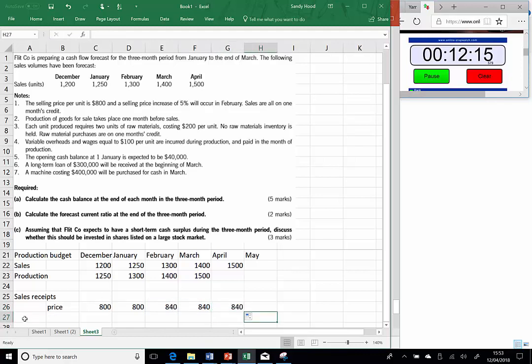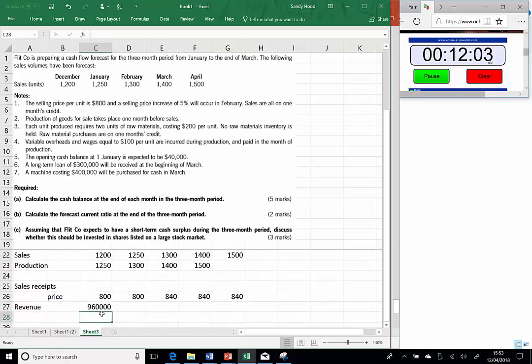So we're going to have the sales revenue of units sold times selling price. These ones for December and so on are not really all that important, but what we've got in there is the figures that we need.